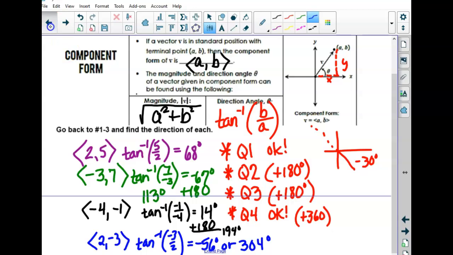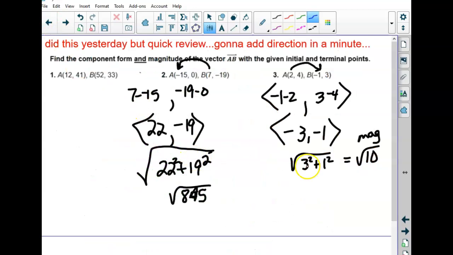All right, so let's go back real quick and talk about number 2 and 3 again. This was in what quadrant? 22 to the right and down 19 is quadrant 4, right? It's down here.